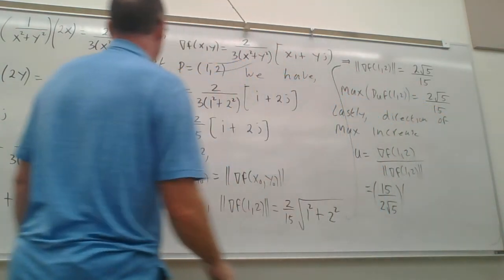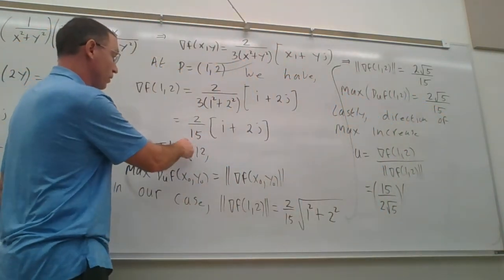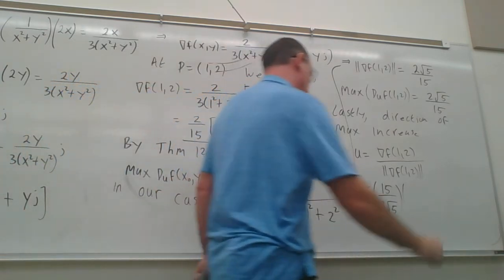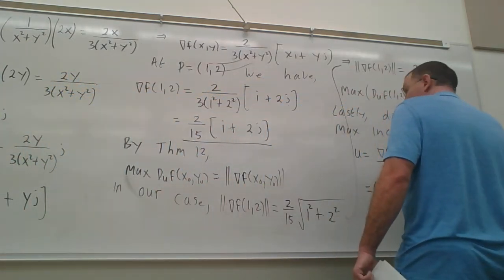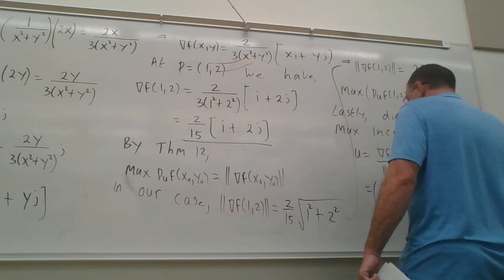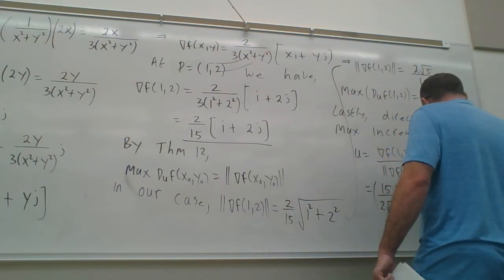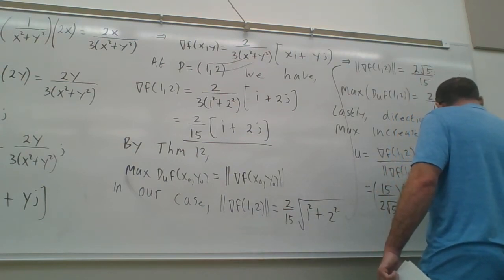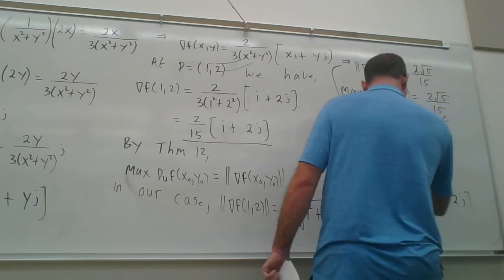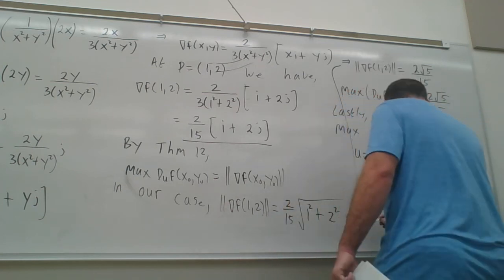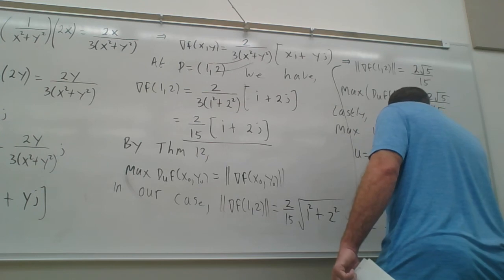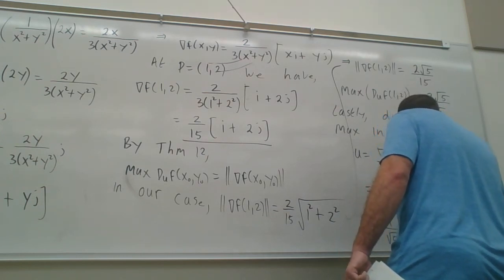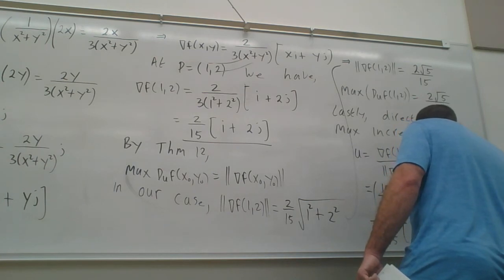The gradient is right here, so it'll be times 2 over 15 times (i plus 2j). Things cancel. So it's 1 over square root of 5 times (i plus 2j).